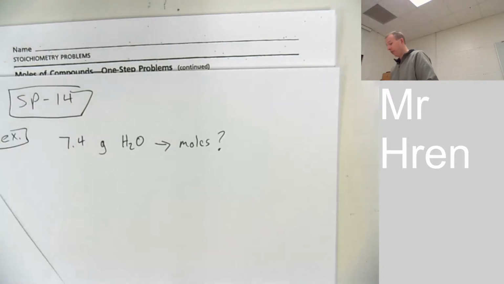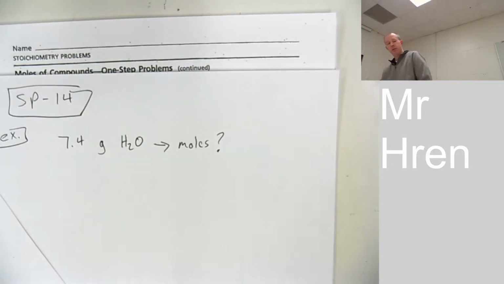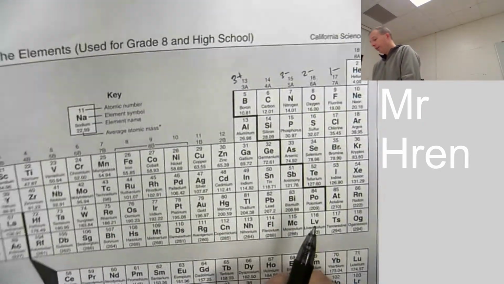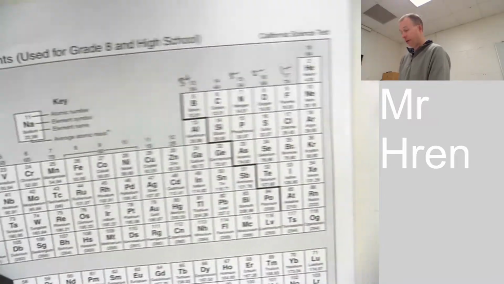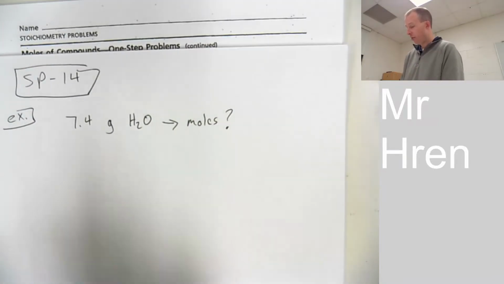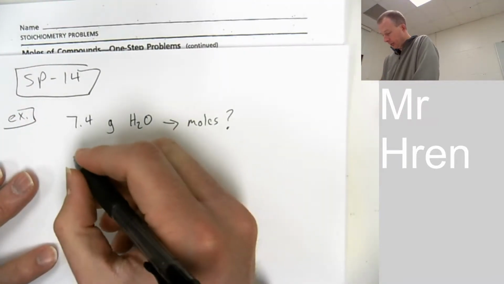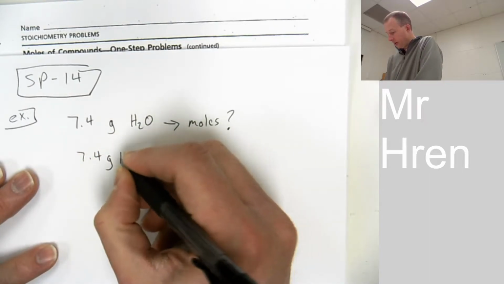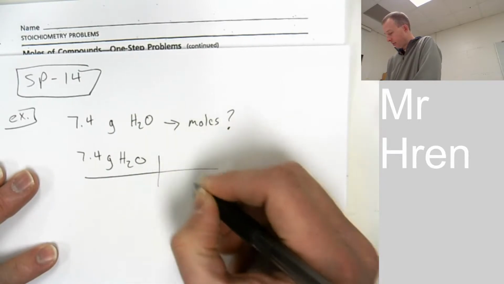The big problem, however, is water. Is water on the periodic table directly? No. So what do we do? Well, you've got to find the molar mass of water. So let's get the problem set up first. We have 7.4 grams of H2O.